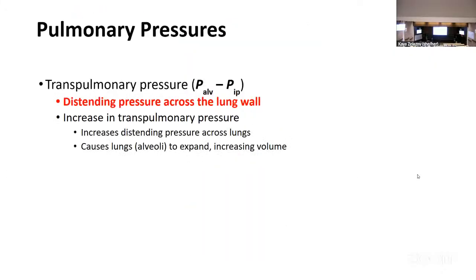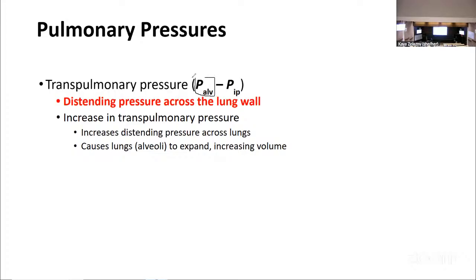Now, when we think of that pressure pulling on the lungs, a slightly more common way to think about it, rather than looking at our intrapleural pressure in isolation, is to look at this value called the transpulmonary pressure. What this is, it's looking at the difference between our alveolar pressure, so the pressure in the lungs, and that negative intrapleural pressure in the pleural sac there.